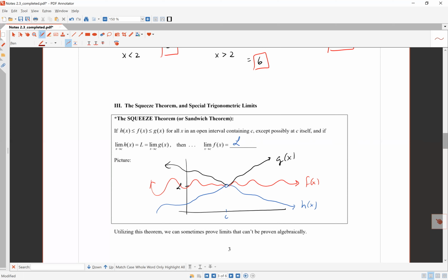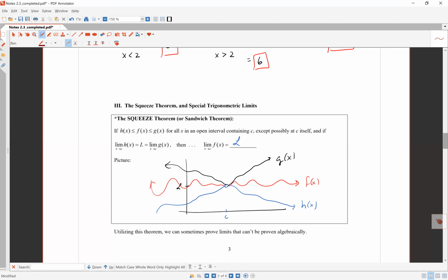And they all intersect at point C. We know that the limit of h of x, the one below f of x, goes to L as x goes to C. And we know the limit of g of x, the one that's above, as x goes to C also goes to L. So the squeeze theorem says that since f of x is in between g of x and h of x, and both g of x and h of x go to L as x goes to C, f of x also must go to L as x goes to C. It's kind of squeezed in.